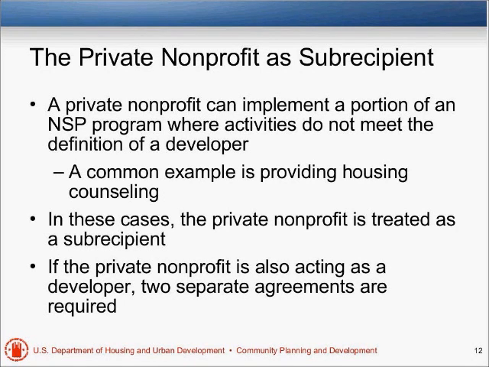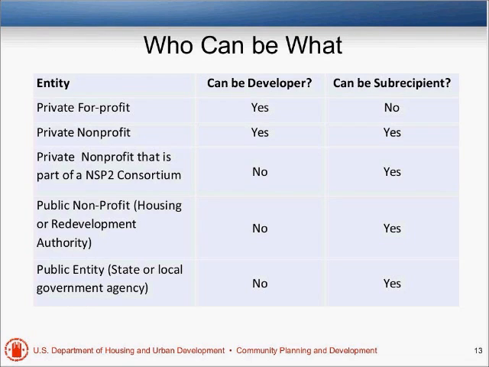Okay, so let's take a look at a summary, a nice picture of what I just said. So who can be what? A private for-profit can be a developer, can't be a subrecipient. A private nonprofit can be both a developer and, as we just talked about, can also be a subrecipient.